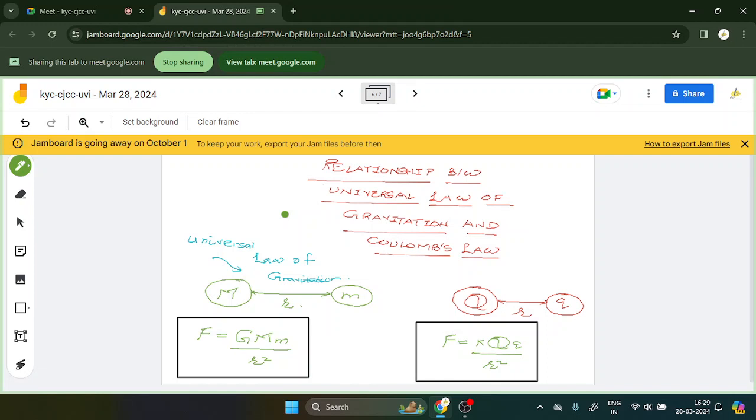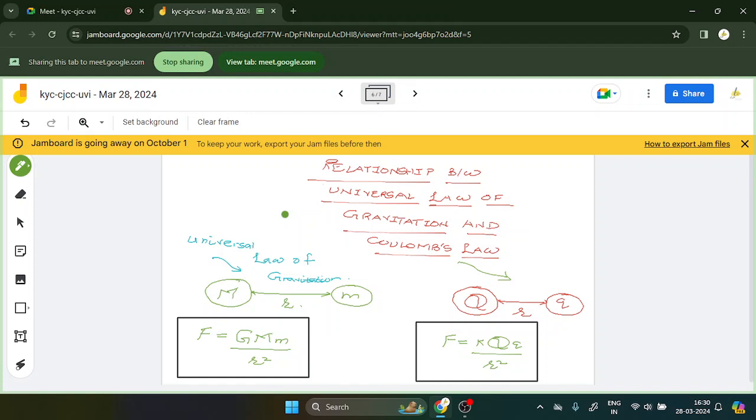So it's a long range force. Whereas if you look at Coulomb's law here, it's not a long range force, it's a short range force. Once the charges are separated by a very large distance, the force is not going to act between them. The force will become zero.